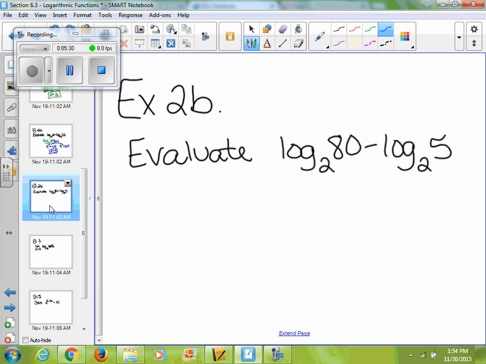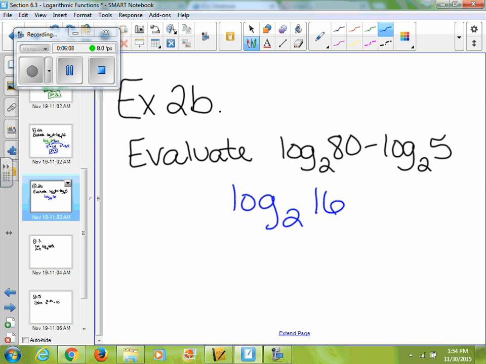Okay, if I look at 2b, I'm asked to evaluate log base 2 of 80 minus log base 2 of 5. Just like how adding logs is weird, subtracting logs is also weird in that when you're subtracting logs, you're actually dividing the insides. So if I make this one log, I get log base 2 of what's 80 divided by 5? 16. Well, 80 divided by 5 is 16.